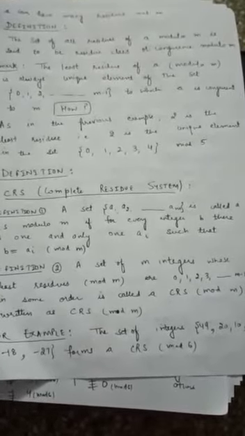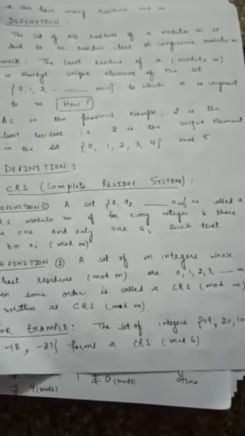For example, consider the set 0, 1, 2 up to M minus 1, to which A is congruent modulo M. How? As in the previous example, 2 is the least residue, that is, 2 is the unique element in the set 0, 1, 2, 3, 4 modulo 5. That means M is 5 and M minus 1 is 4, so the set is 0, 1, 2, 3 and 4.